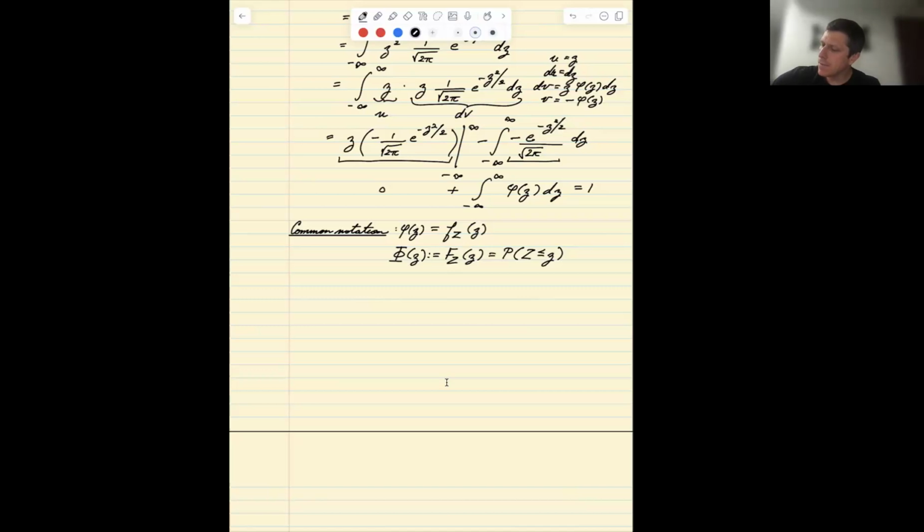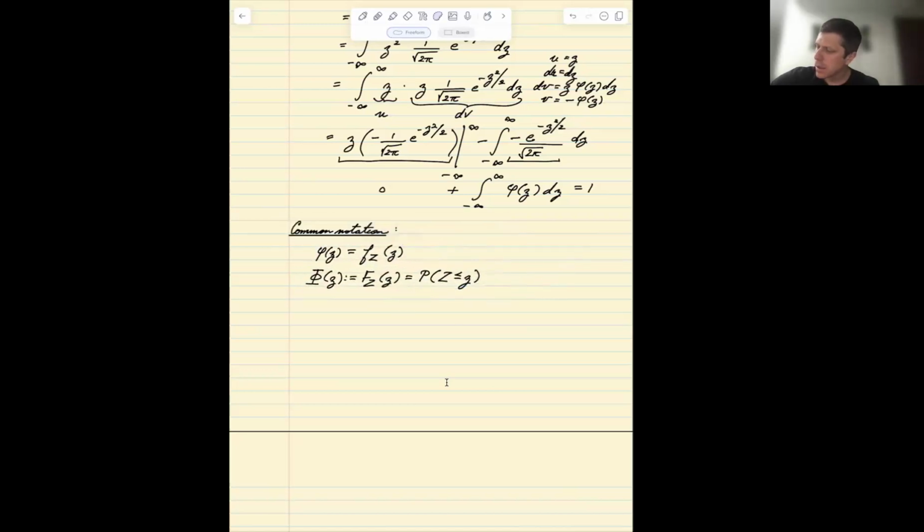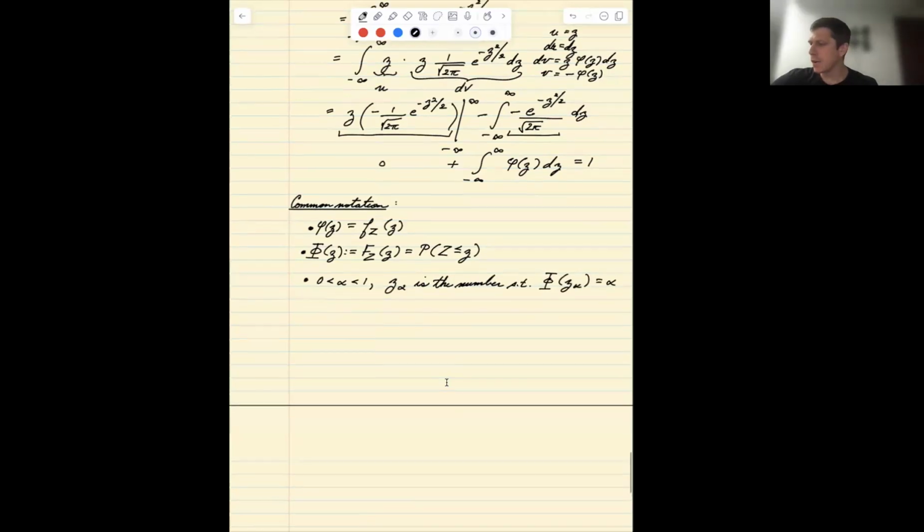And if you have a value alpha between 0 and 1, then z alpha is written as the number such that the cumulative probability is alpha. So this is the alpha quantile.